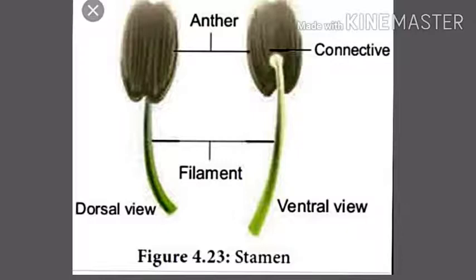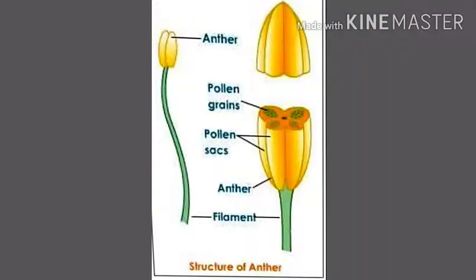Pollen grains are also known as the microspores. Micro means smaller in size. The liberated microspore or pollen grain is a nucleated mass of protoplasm.